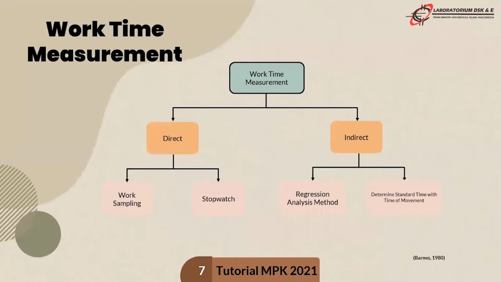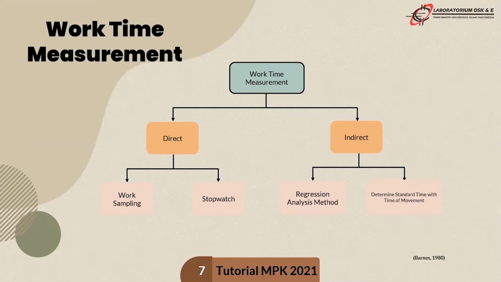Work time measurement is divided into two. First is direct measurement and second is indirect measurement. Direct measurement is a measurement that is directly carried out with the measuring instrument without looking for other variables. Examples of direct measurement are work sampling and stopwatch.